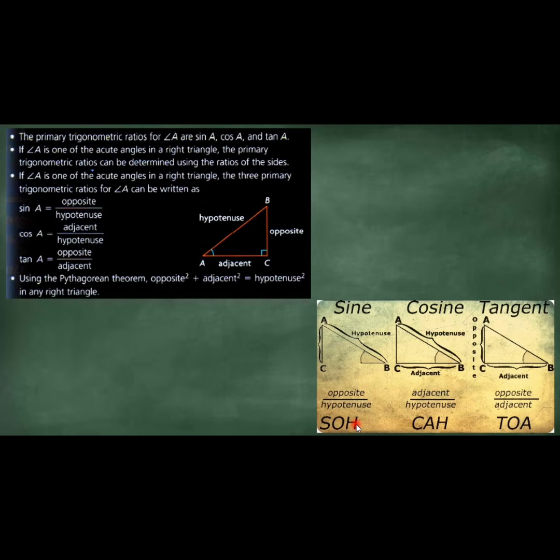CAH stands for cosine equals adjacent over hypotenuse. And TOA stands for tangent equals opposite over adjacent. We call it SOH CAH TOA.